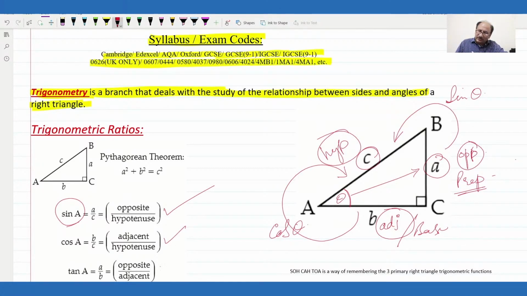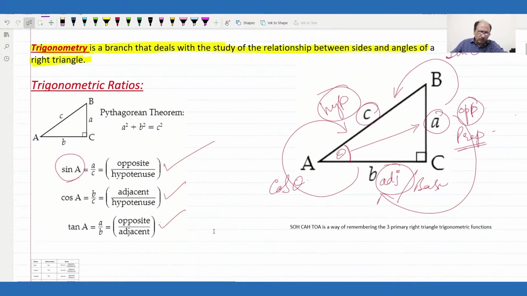Similarly, tan theta will be opposite over adjacent. To memorize these ratios, there is a statement, SOH CAH TOA, which is a way of remembering the three primary right triangle trigonometric functions.